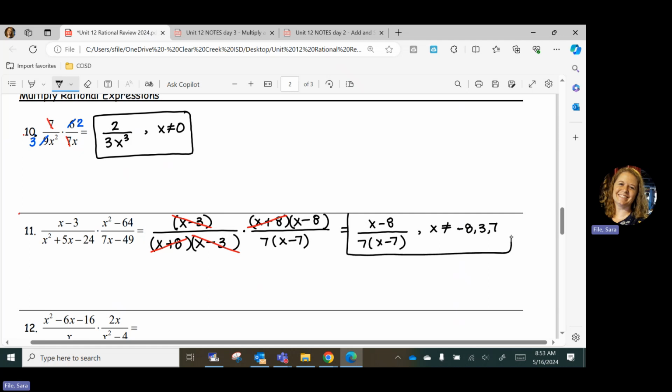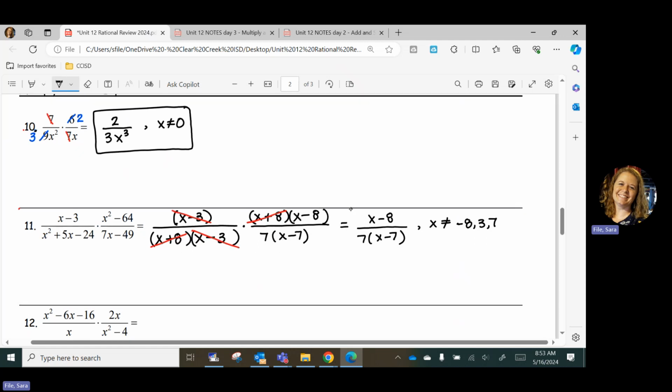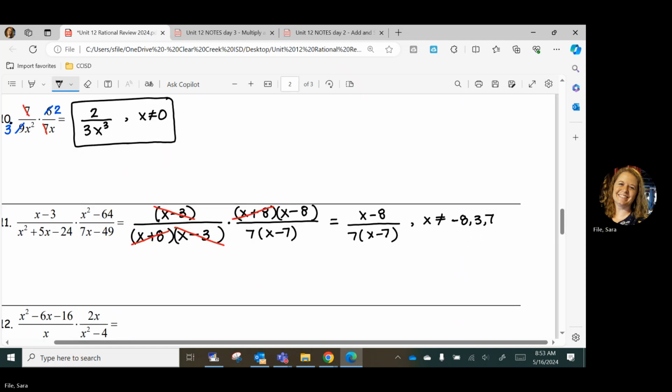Those are the excluded values. That's what would have made these factors in the denominator 0. Why does my box keep erasing? Y'all feel okay about that?